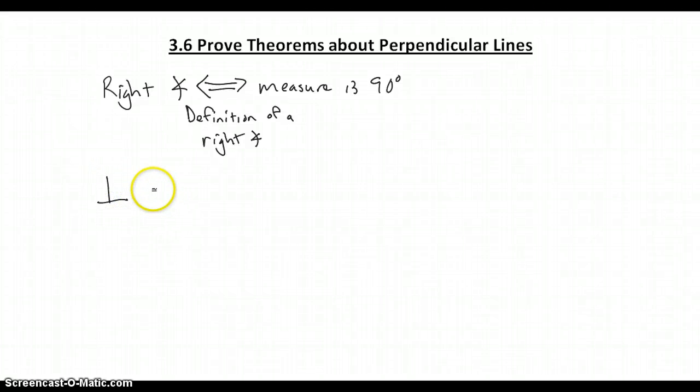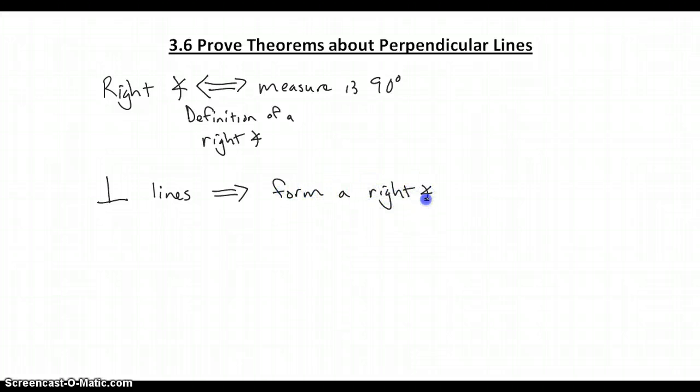If we know that we have perpendicular lines, we can conclude that they form a right angle. And the reason we know this is true is by the definition of perpendicular lines. That's what it means to be perpendicular.